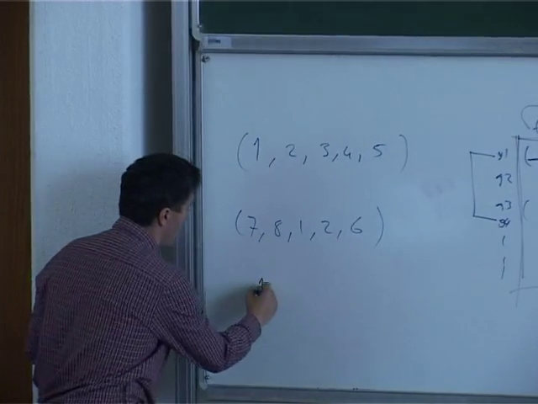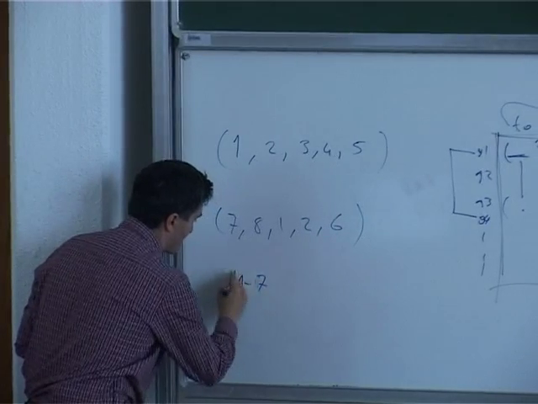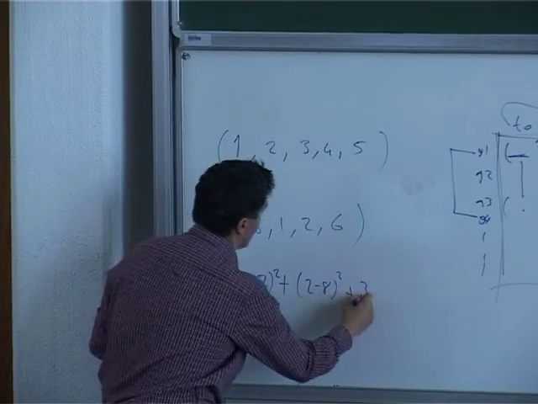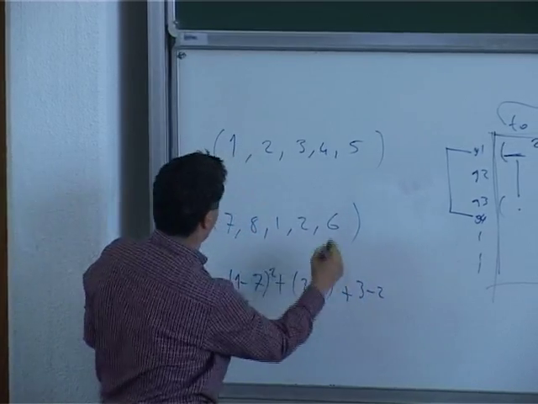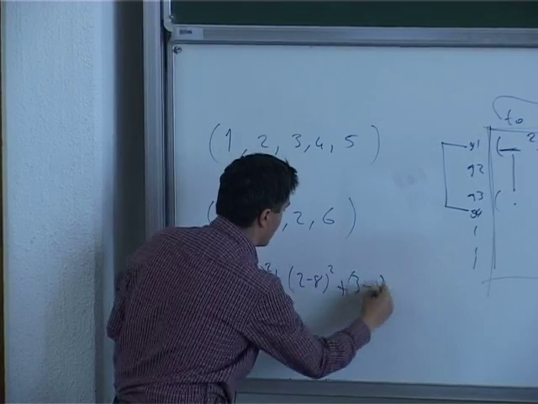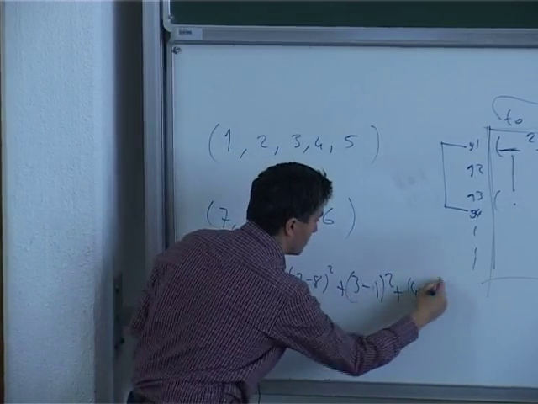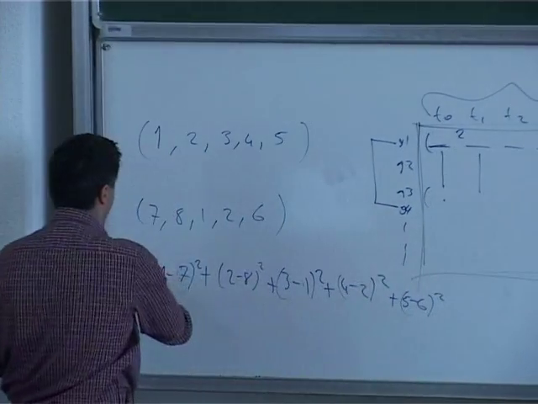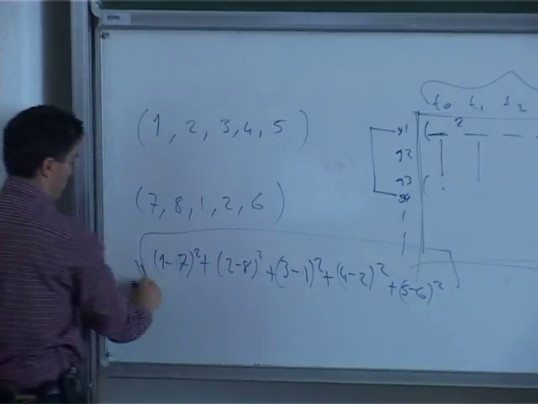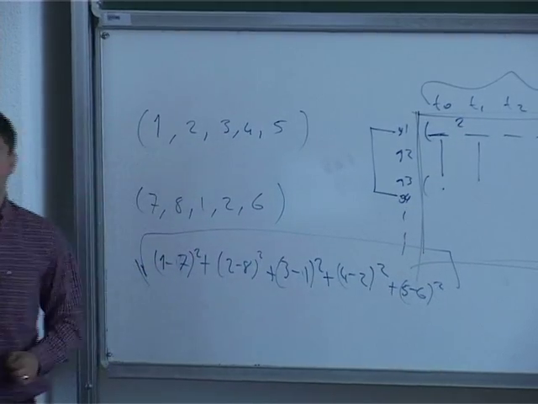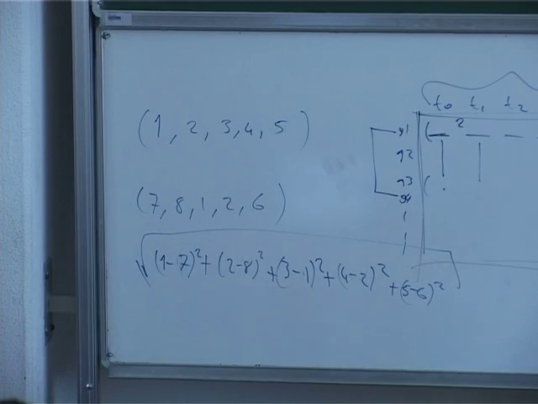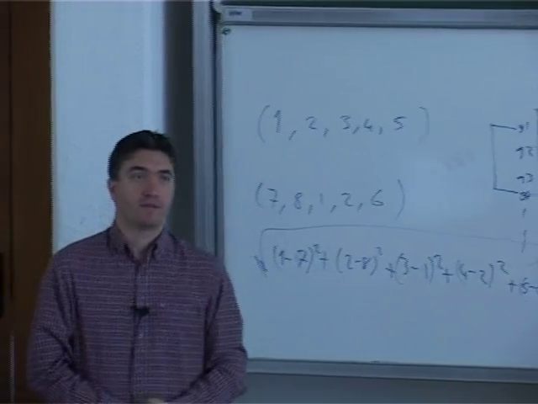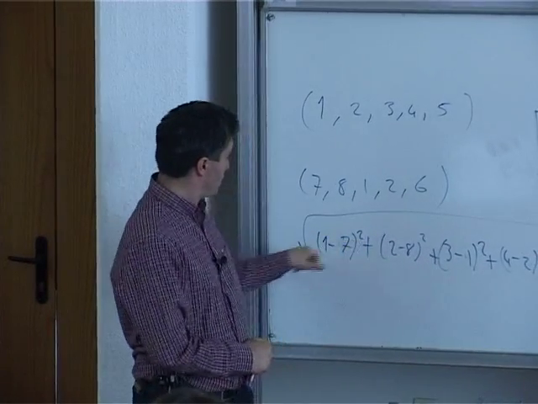The Euclidean distance is going to be 1 minus 7 squared plus 2 minus 8 squared plus 3 minus 1 squared plus 4 minus 2 squared plus 5 minus 6 squared, and square root. So this is the Euclidean distance between these two vectors, between these two points. Euclidean distance is also called the L2 norm, because we are taking the square root of this.